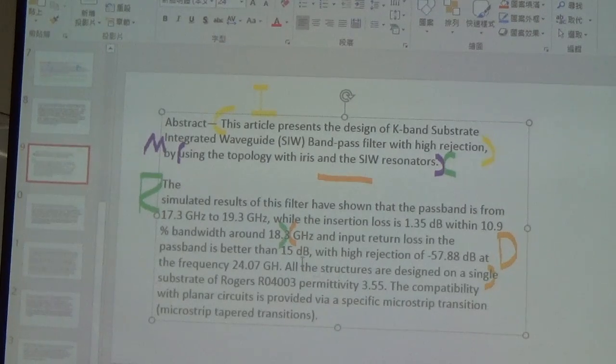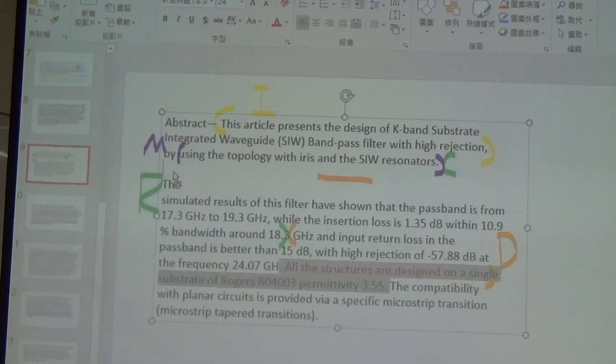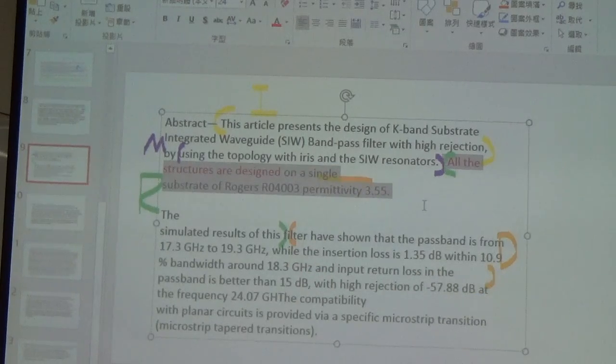Where is the method? No, all these are designed, right? Because of this word, design. So we know this is the... what? The method. Okay. So we should move it.